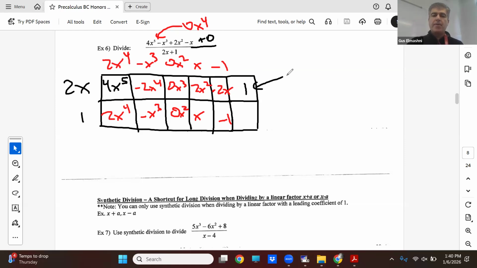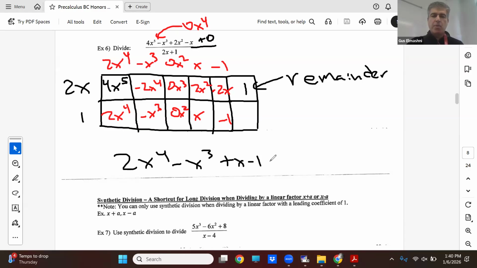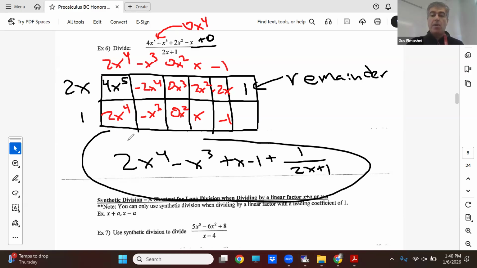So that's going to be your remainder, because technically speaking, you're multiplying by 1 over 2x plus 1 to get there. So the answer is 2x^4 minus x cubed plus x minus 1 plus 1 over 2x plus 1. Because if you were to multiply all that by the denominator 2x plus 1, you will get the numerator.